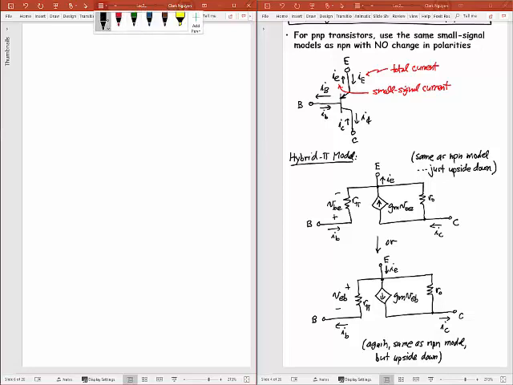Okay, so this is the small signal model for saturated NMOS transistors.